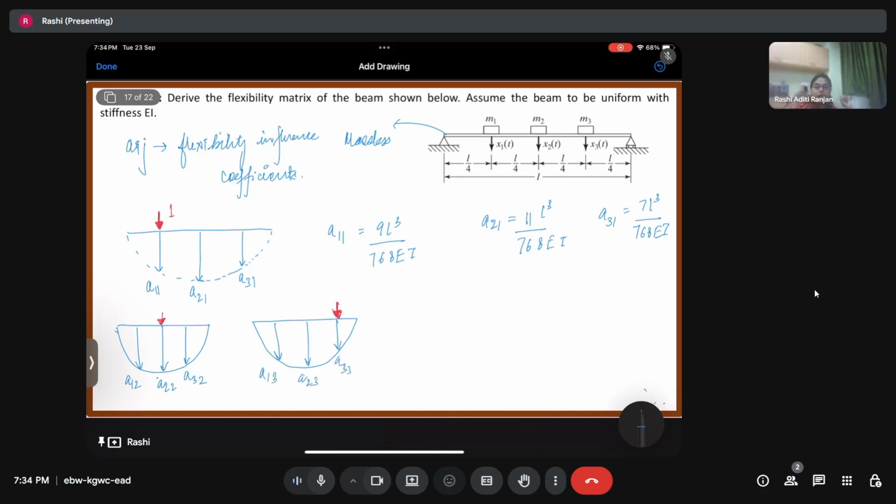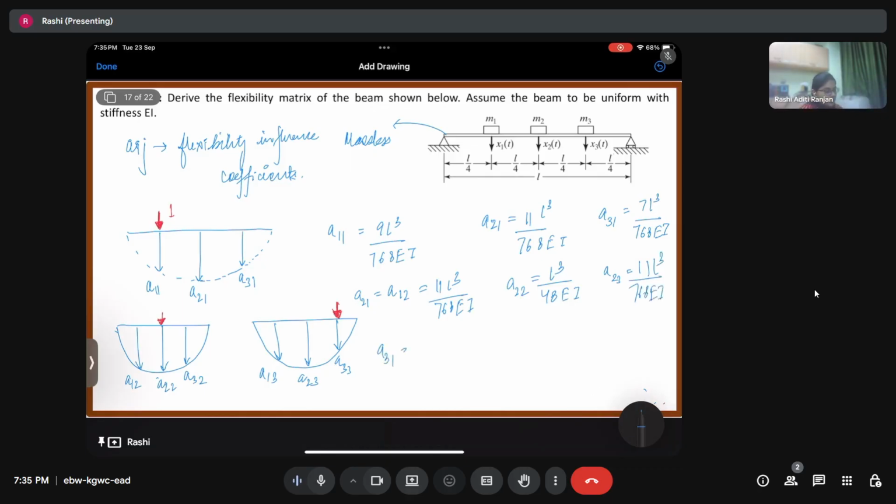By using the idea of strength of materials, we are going to get A12 as A21, which is 11L cubed by 768 EI, A22 as L cubed by 48 EI, and A23 as 11L cubed by 768 EI.